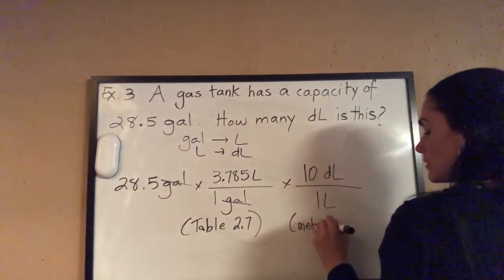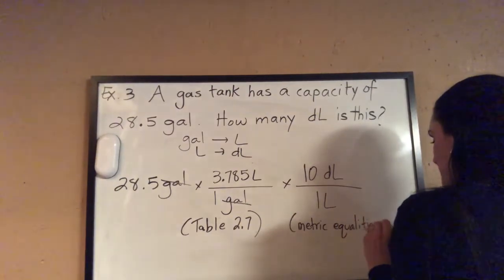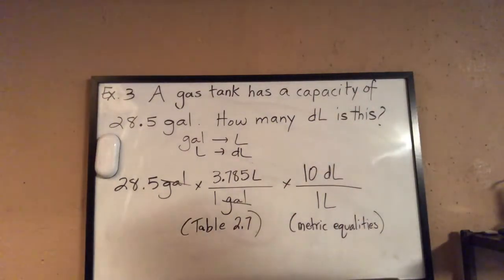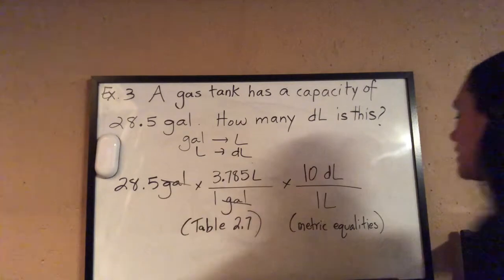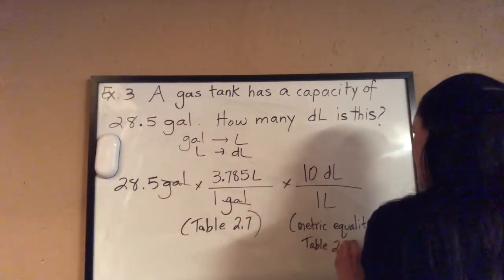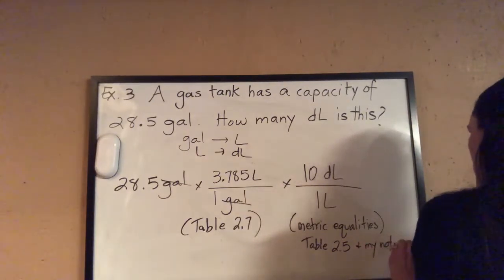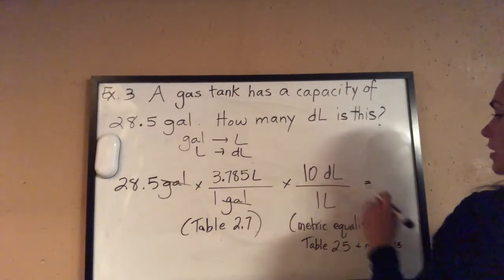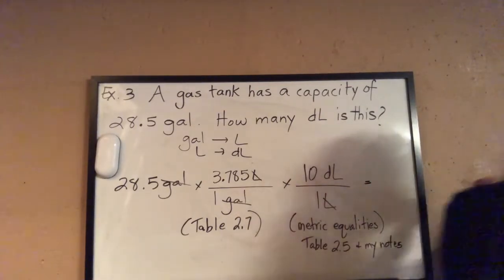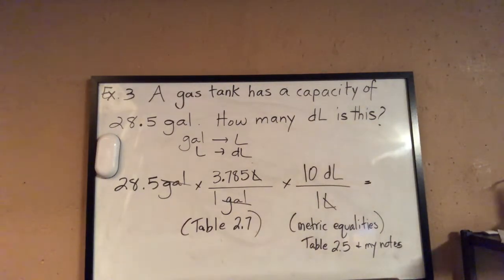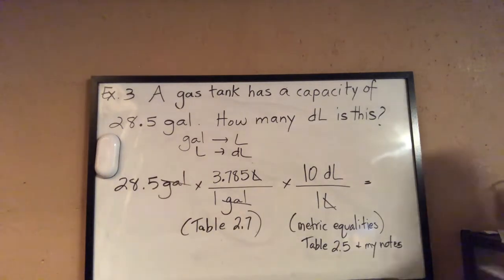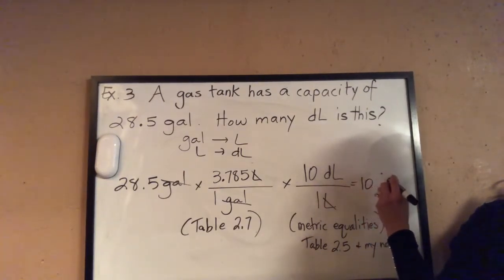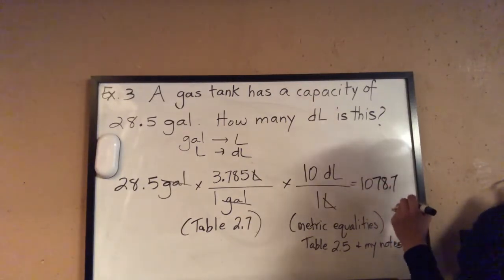So these are the metric equalities that I had written out on the board, and that are also in table 2.5. We do the math. 1,078.7 deciliters.